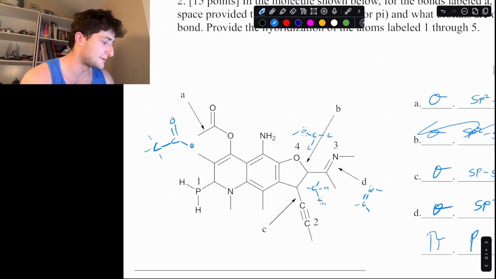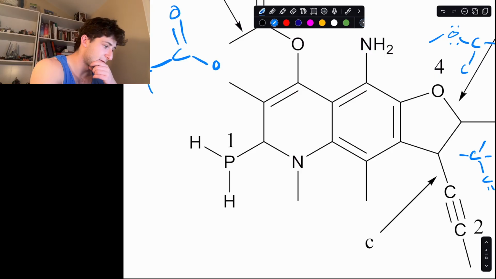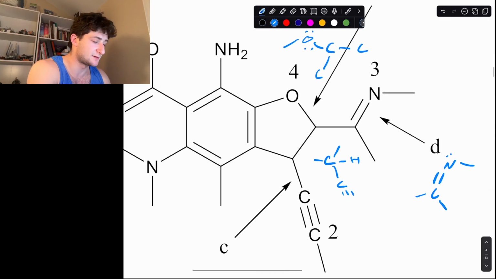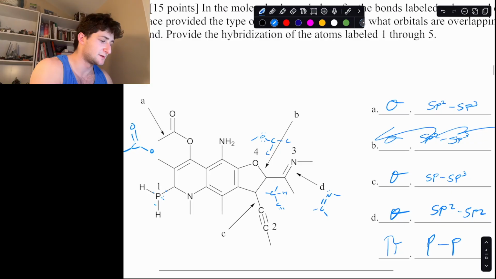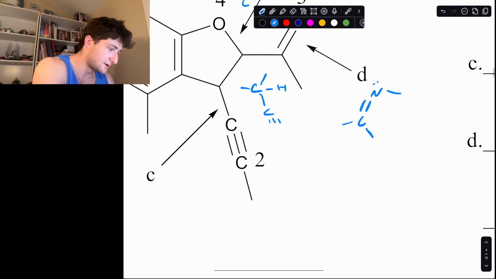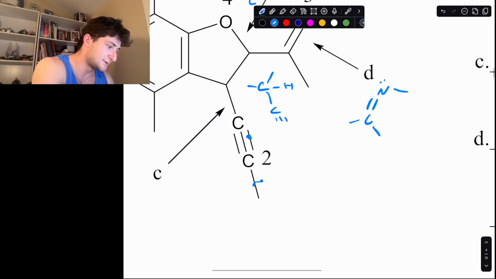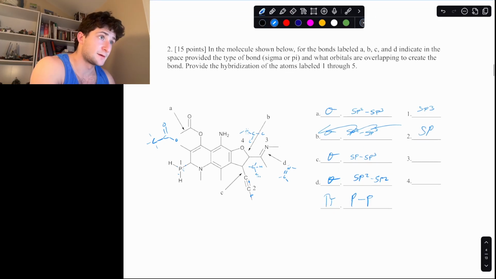Alright. Hybridization. Can do that. So this is going to have a lone pair, sp2, 3. Nice. sp3. 2. What do we got? It's carbon. sp. Bang. Easy. Number 3.